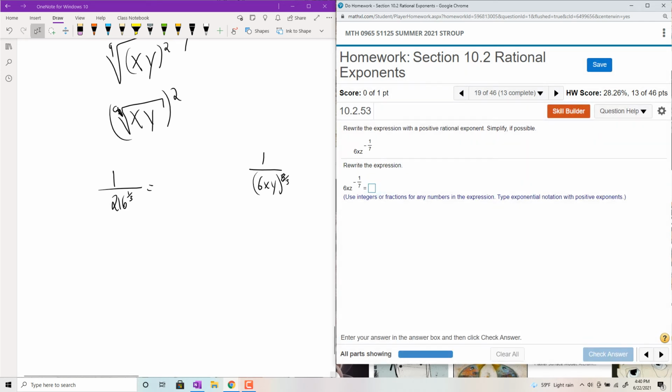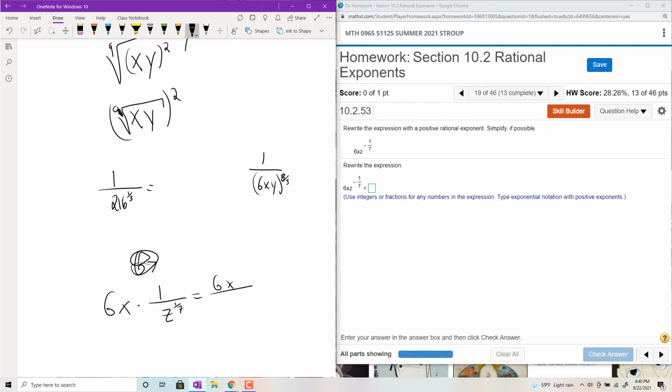Okay, this one, the z is raised to the, so it would be 6x times 1 all over z to the 1/7, and then you can rewrite that as 6x over z to the 1/7.